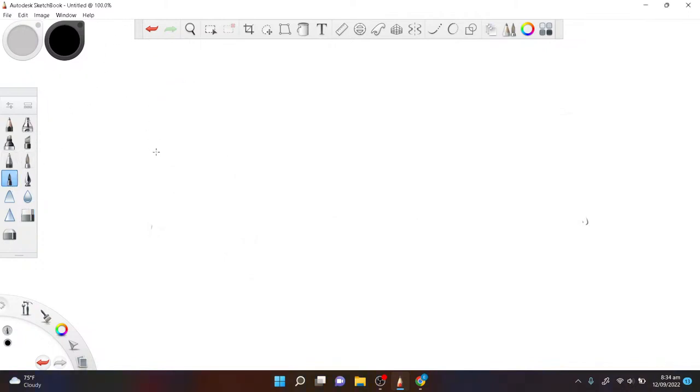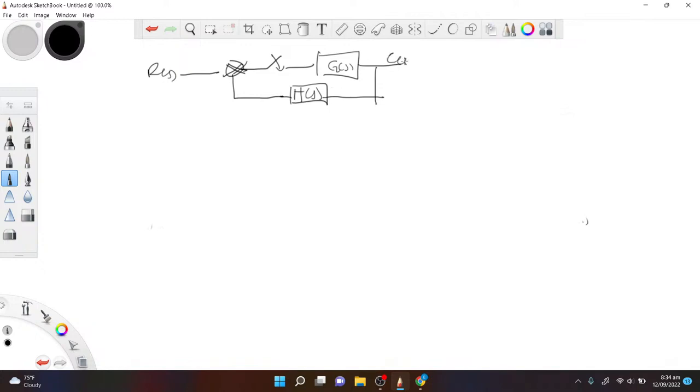Okay, let's talk a little bit about the sampled signal flow graph. Alright, so we are taking this block R of S, H of S. Before that, I have to mention something.